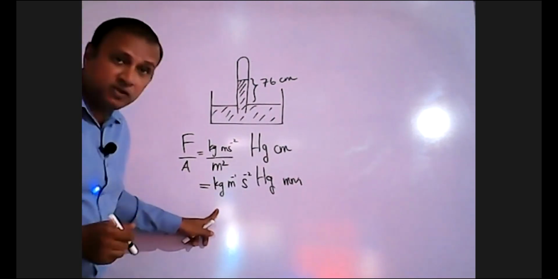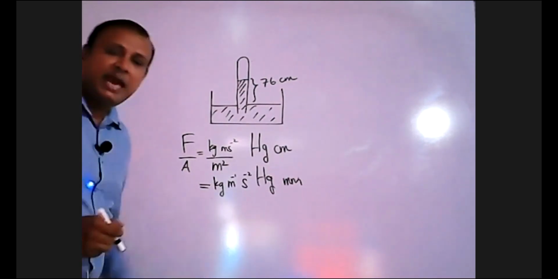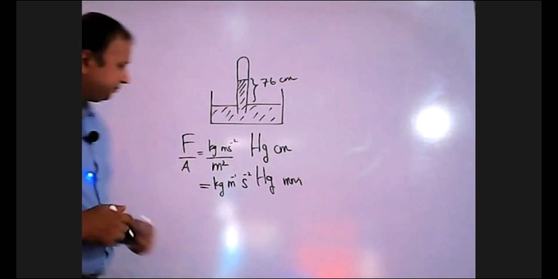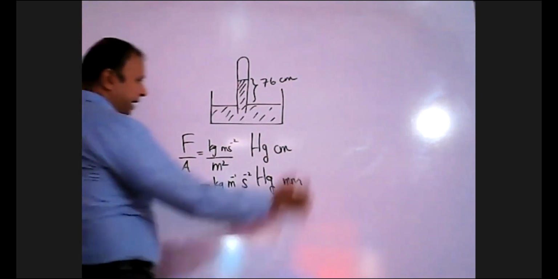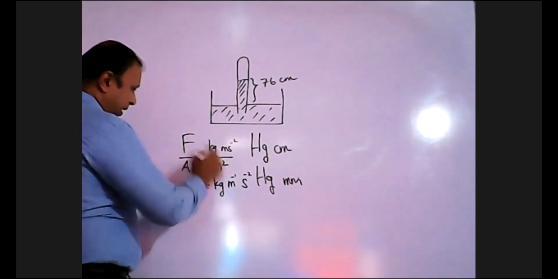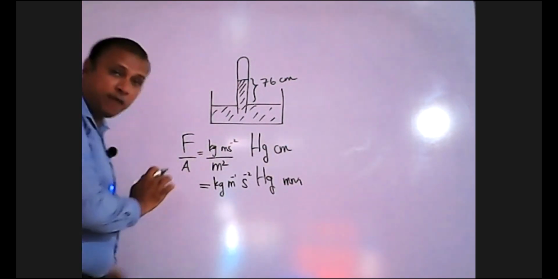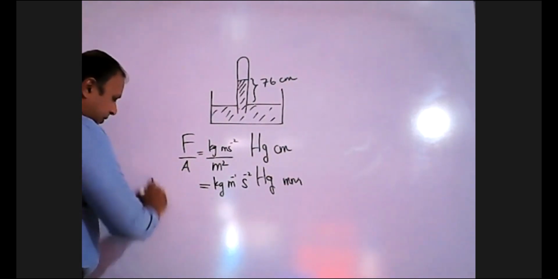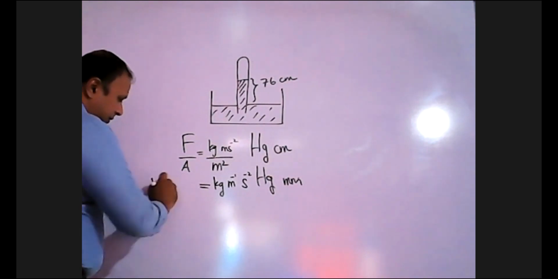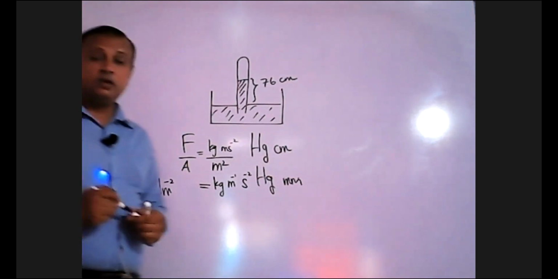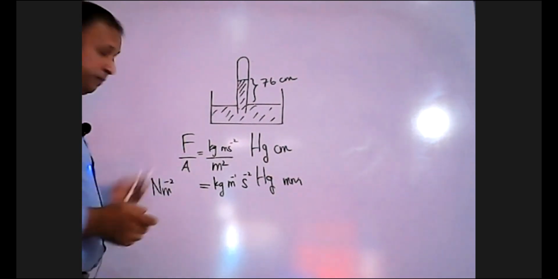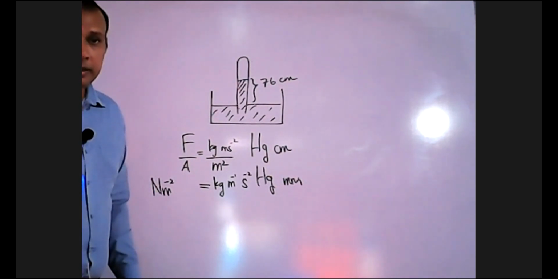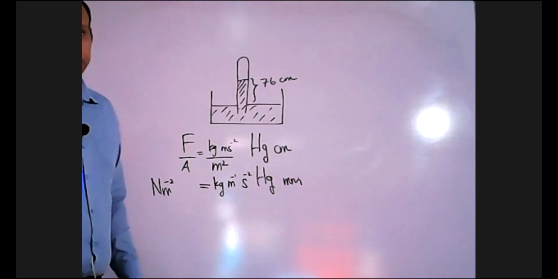Instead, we are using Pascal as the SI unit. Then again, I can use Newton per square meter. The unit of pressure is equal to Newton per square meter. So all the others are correct.